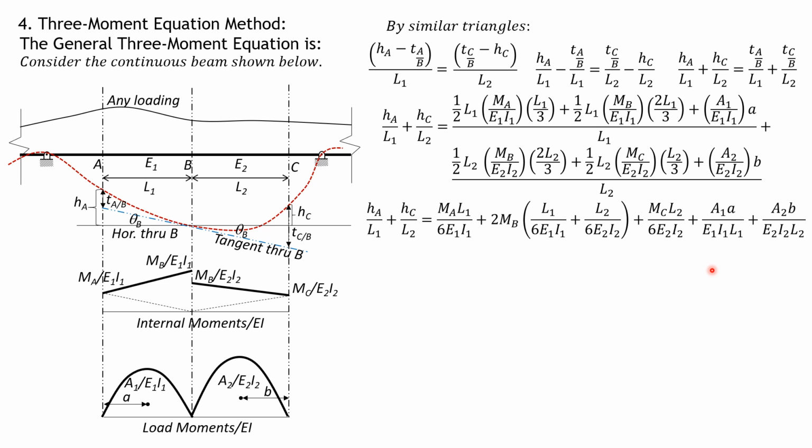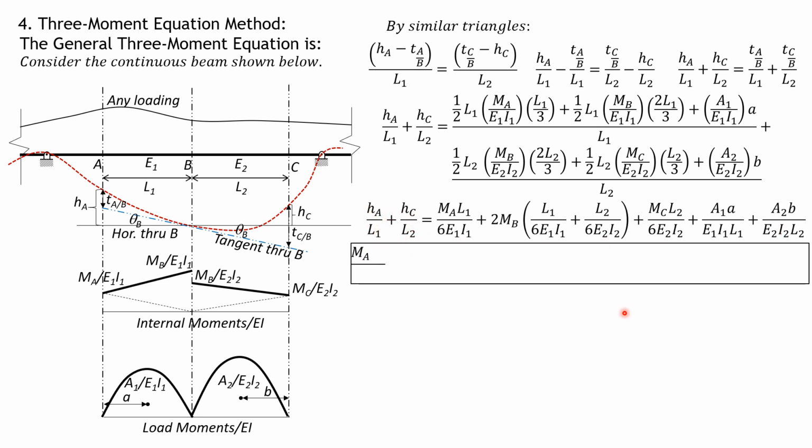So multiply everything by 6 and let's transfer the right side. Let's make the right side terms the left side terms and the left side terms the right side terms. Multiply everything by 6.